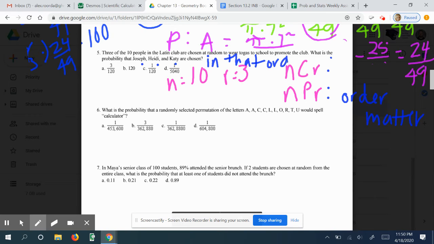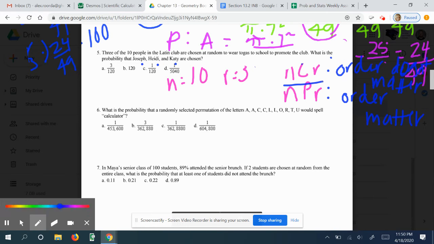Now you'll notice the order matters. So this would be a permutation. But they don't ask us that. And so if they don't ask us that, this is called a combination. And so this is when order doesn't matter. And so we have a combination in here.